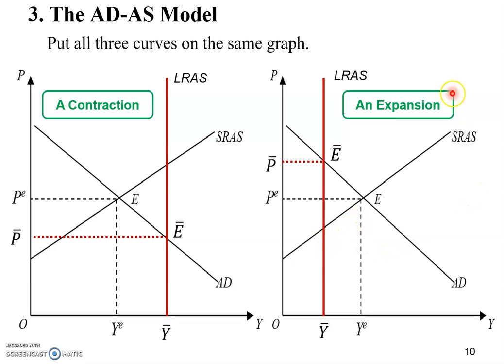All right. Now, before we talk about the third possibility, let me clarify one thing. We focused upon the intersection between the aggregate demand and short-run aggregate supply, and the intersection between aggregate demand and long-run aggregate supply, right? We never talk about the intersection between SRAS and LRAS because this intersection doesn't make any economic sense.